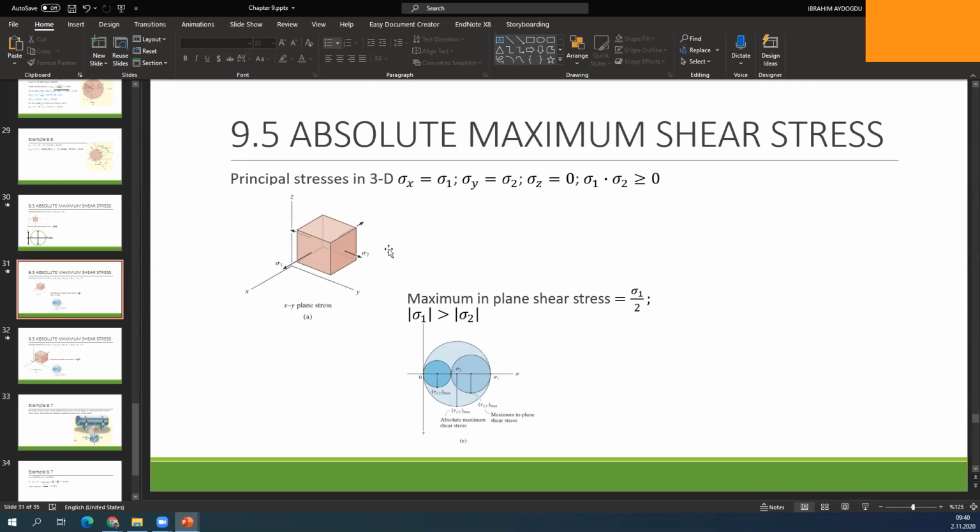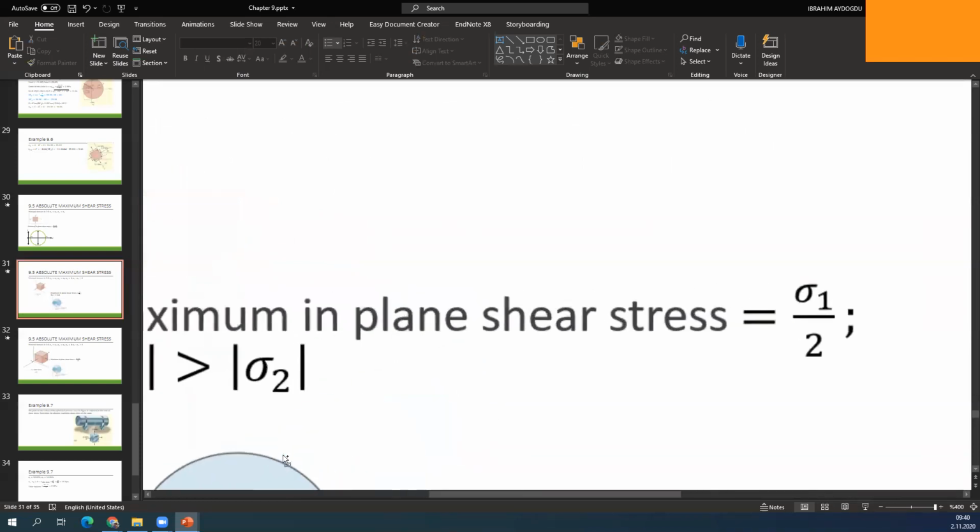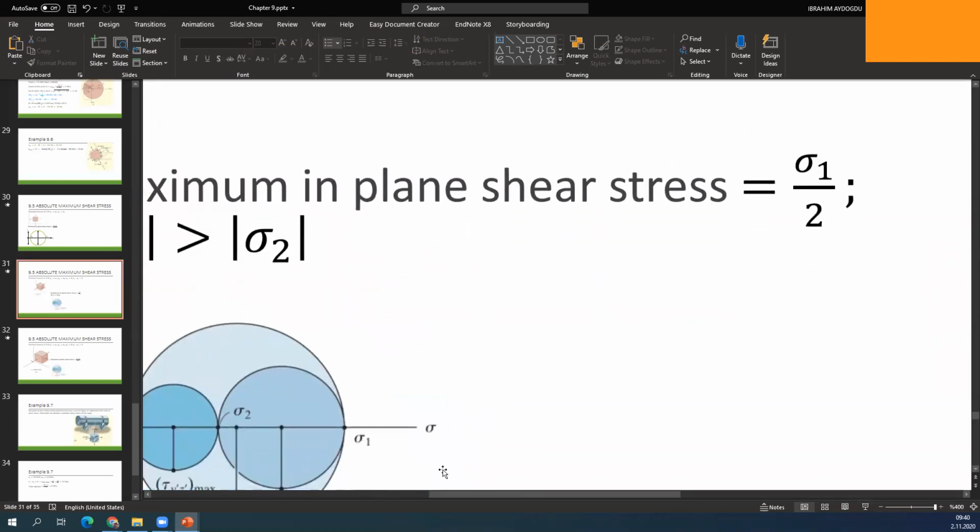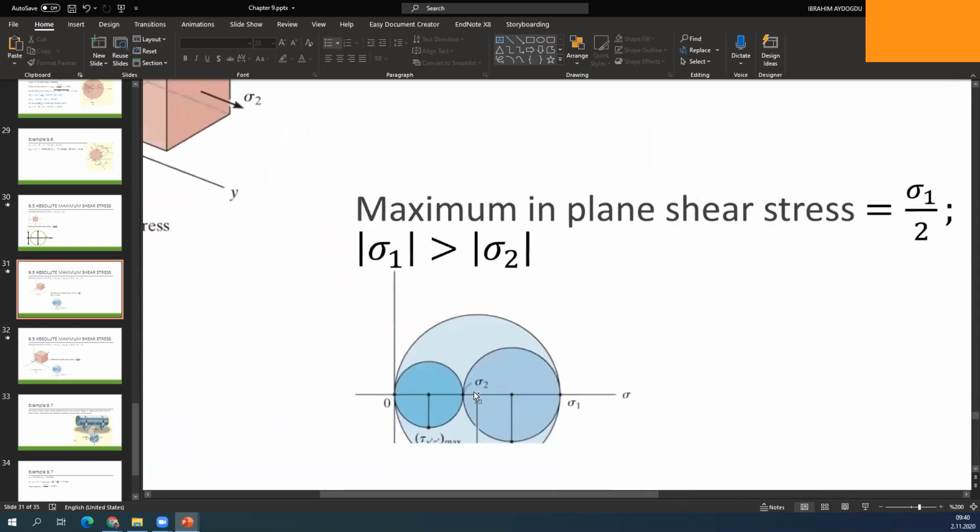We need to calculate the 3D absolute maximum shear stress. How can we calculate it? It is very simple. I want to zoom again on this Mohr circle.